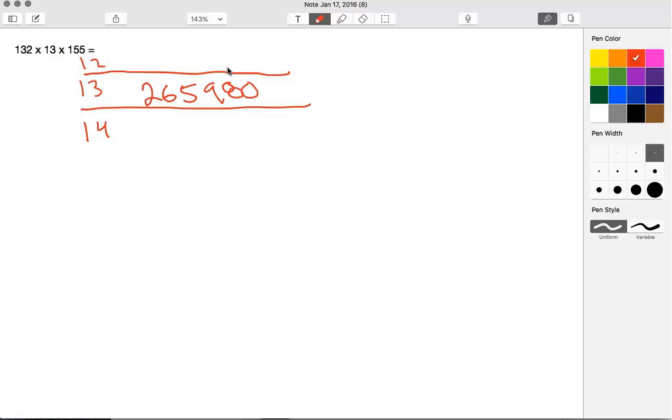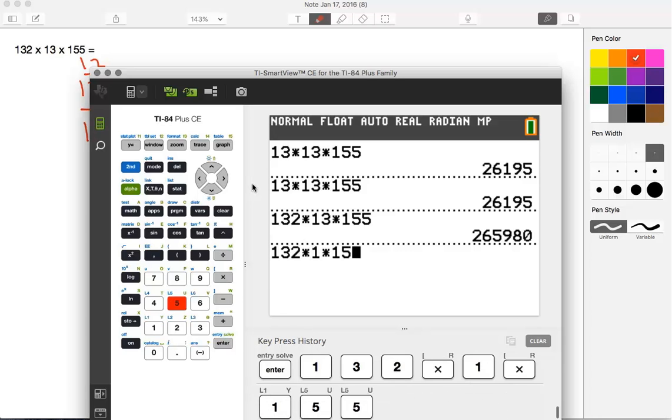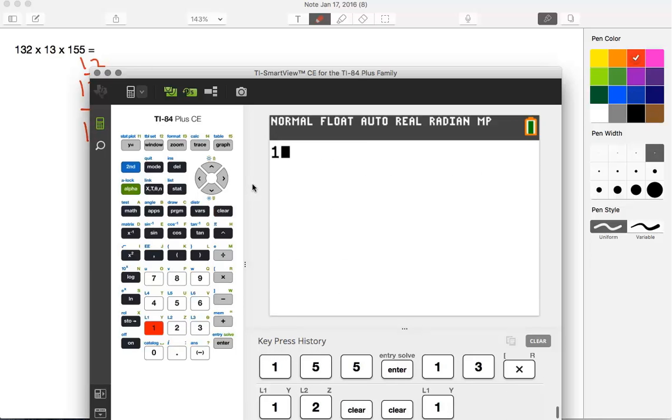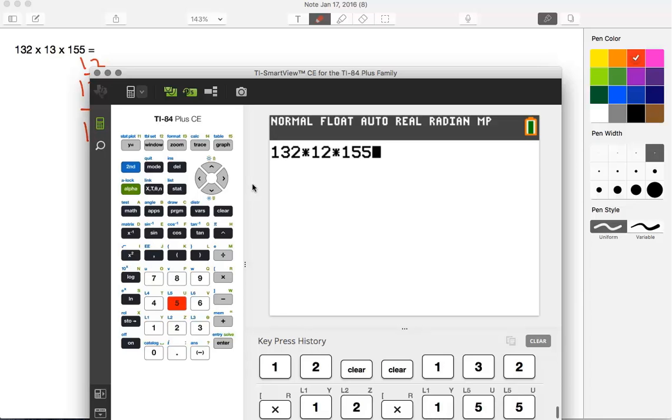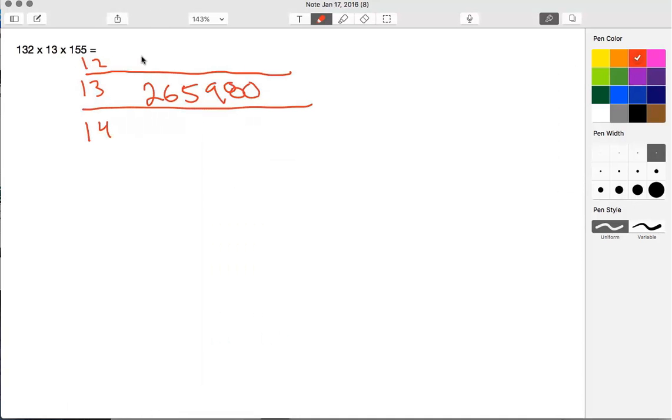So let's do this with a 12 instead. Let's do 132 times 12 times 155. This keyboard does not like my 2's. 132 times 12 times 155 is 245,520. So let's write that up here, 245,520.